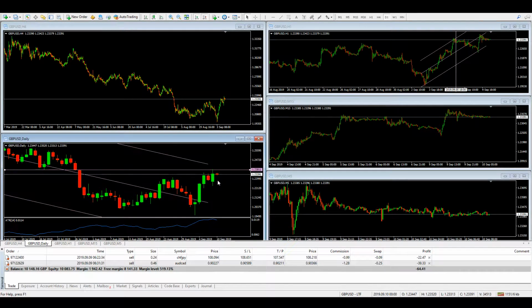The reason I want that to be an inside bar, rather than it producing a lower low and a lower high and moving past the low of the previous candle, is that if it was an inside bar, it would still be quite a short candle, allowing for a stop loss above these highs here. If we had to wait for the price to move past the low of this candle, it would be a much wider stop.